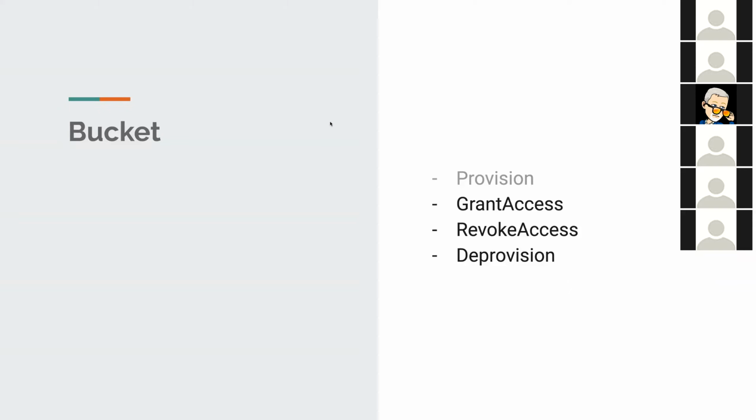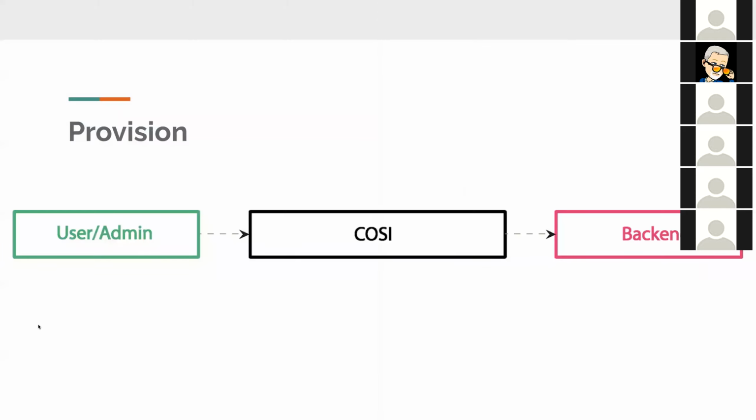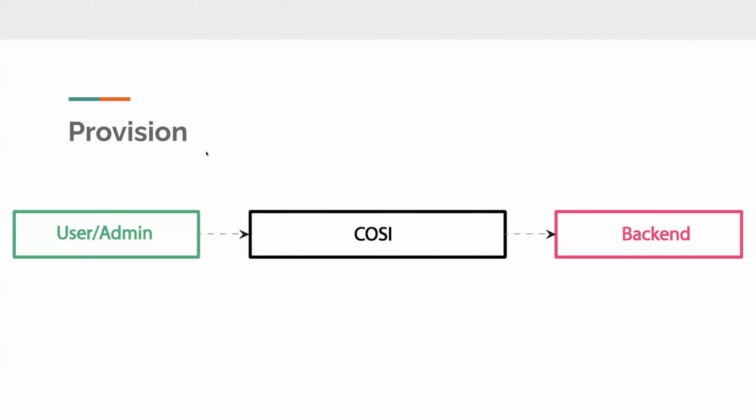So good morning, everyone. Today I'm continuing where we left off last week, where we were discussing the design of this entire proposal. Last week we discussed how bucket provisioning happens. We defined three different actors in this model: the user or admin being one, Cozy is our system, and the backend is the actual object storage backend.